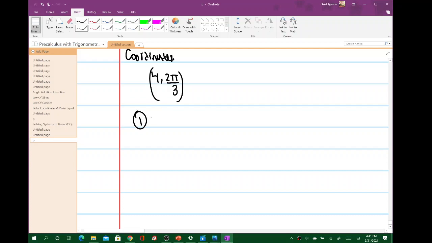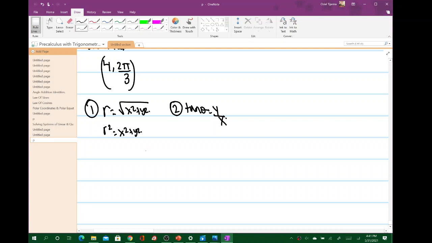Like I said, you're gonna want to go ahead and list all the formulas. Number 1: r equals the square root of x squared plus y squared, and r squared equals x squared plus y squared. Number 2: tan theta is y over x. Number 3: r cosine theta equals x, and number 4: r sine theta equals y.